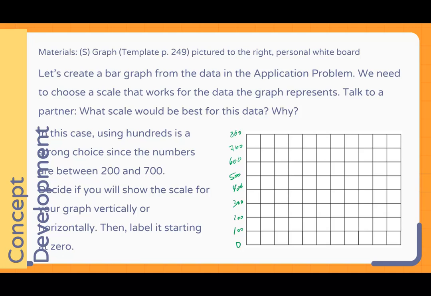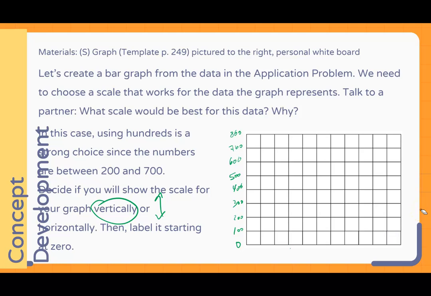We're going to go vertically, which is up and down. Now, could I have gone the other way? Let's see, 0, 100, 200, 300, 400, 500, 600, 700, 800, 900. It's too many. So I think the way we did it is good.